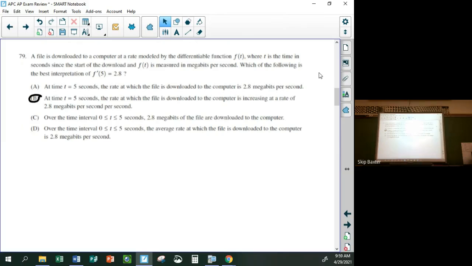Yeah, so C is saying the integral from 0 to 5 of f of t dt is 2.8. And what is D saying? The integral from 0 to 5 of f prime is equal to 2.8.